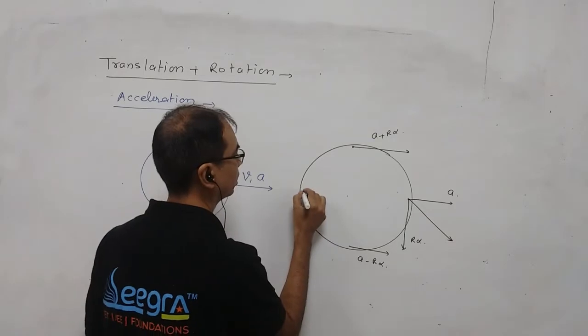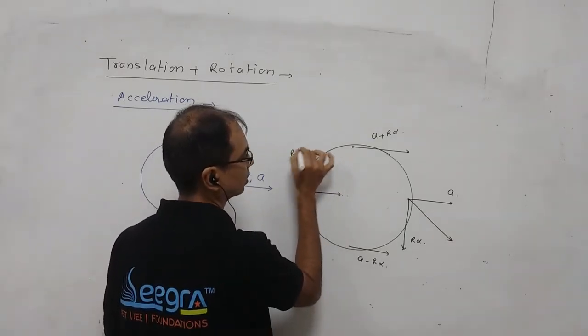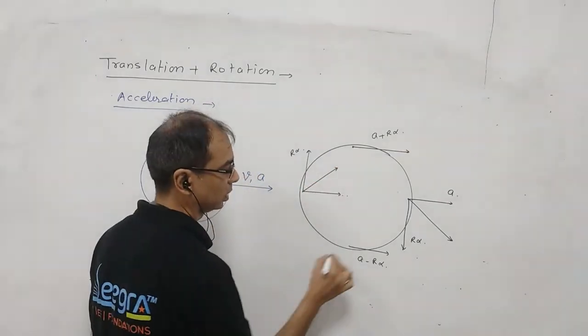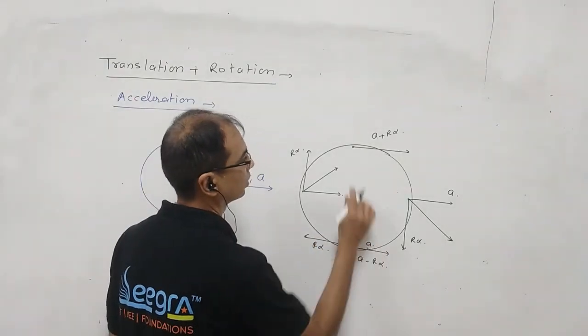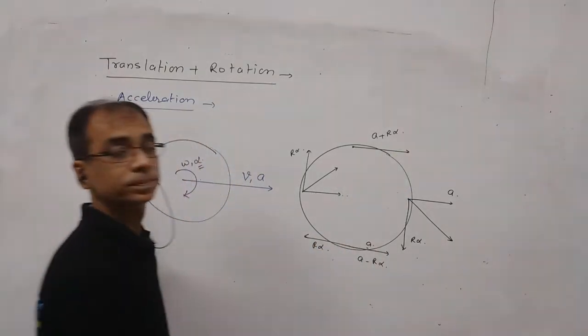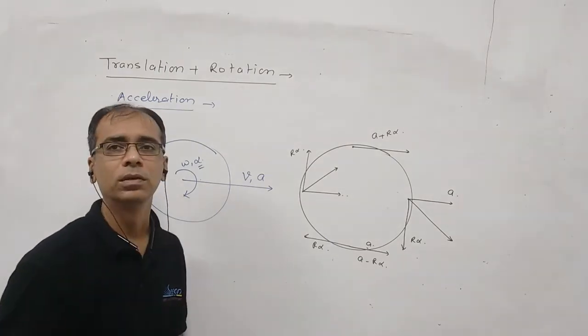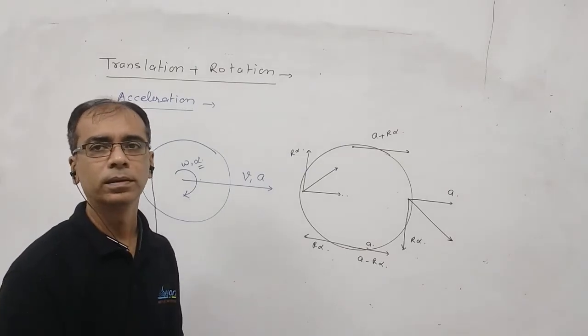Here A is in this direction, R alpha is here, and the resultant is this. Here also R alpha will show like this and A like this, whereas here both are in the same direction. Exactly the same as how it was V plus R omega, V minus R omega.